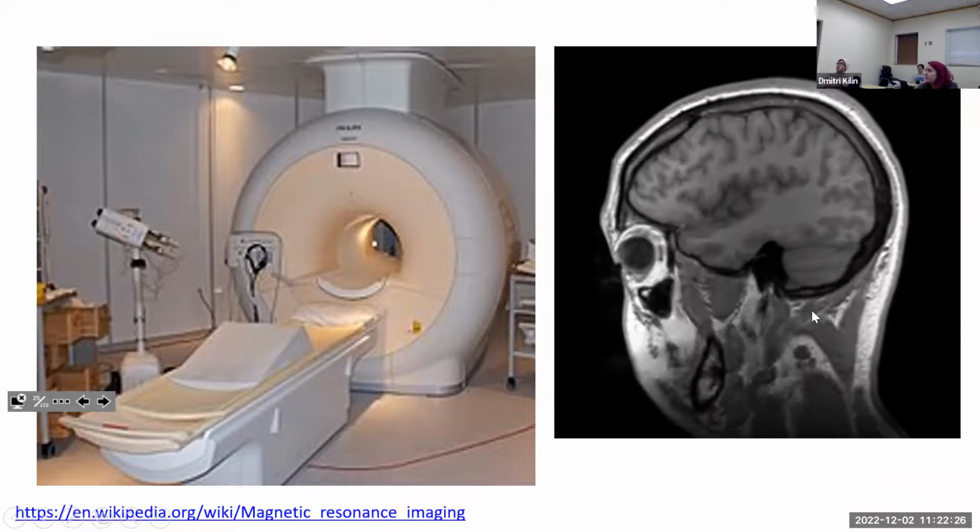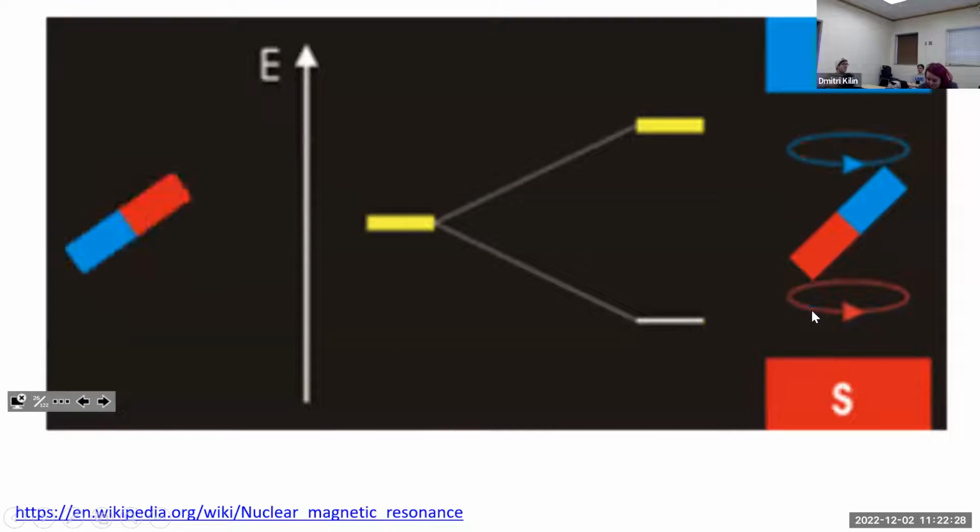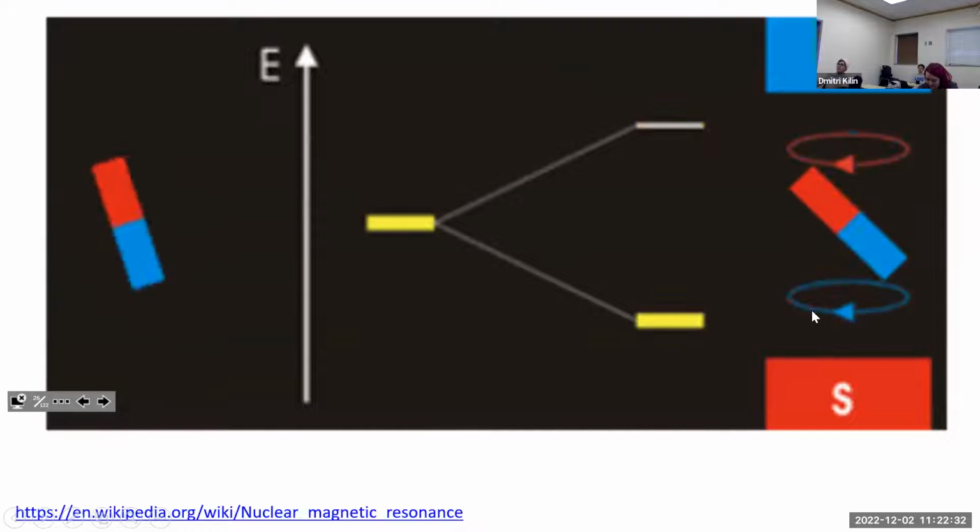So cool. Oh, I'm mesmerized. What is the right word for magnetism? What is here? What do you see? There's a spinning magnet.